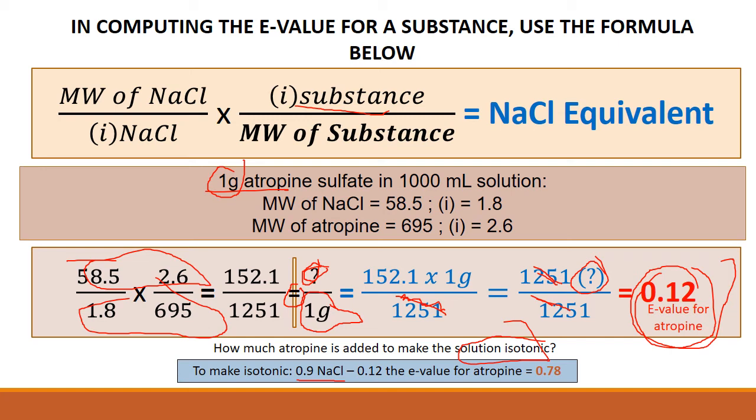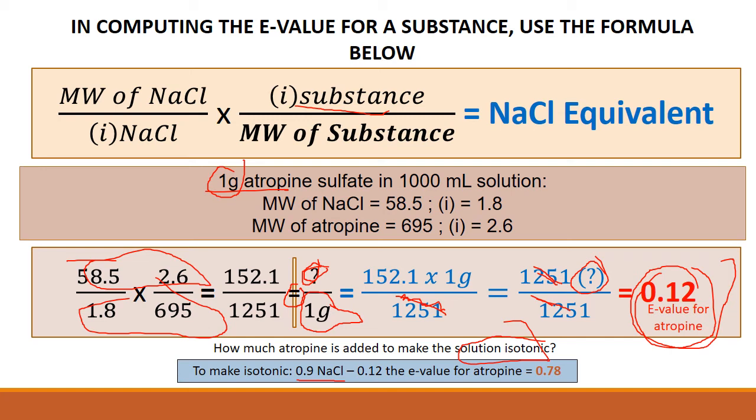To cancel the values before your question mark, you have to divide both sides by 1251. What you do on your right side, you do on your left side. So what is left is the question mark, and you can have the formula already.